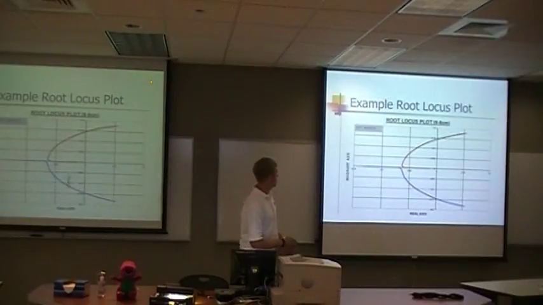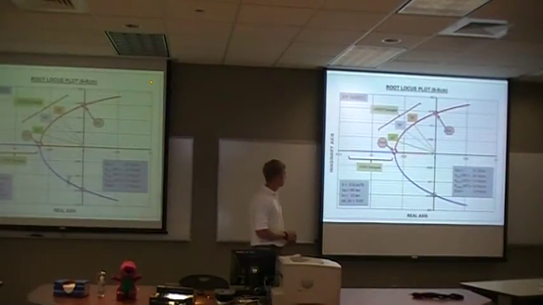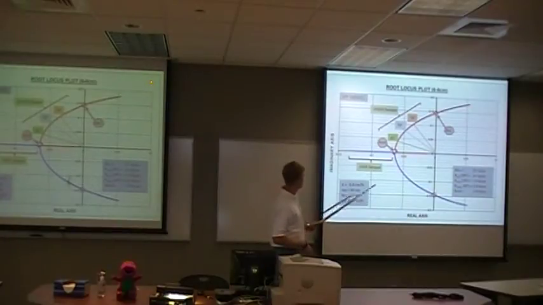This is an example of the root locus plot for the range of 6 to 8 centimeters. This has the decay ratios on there.